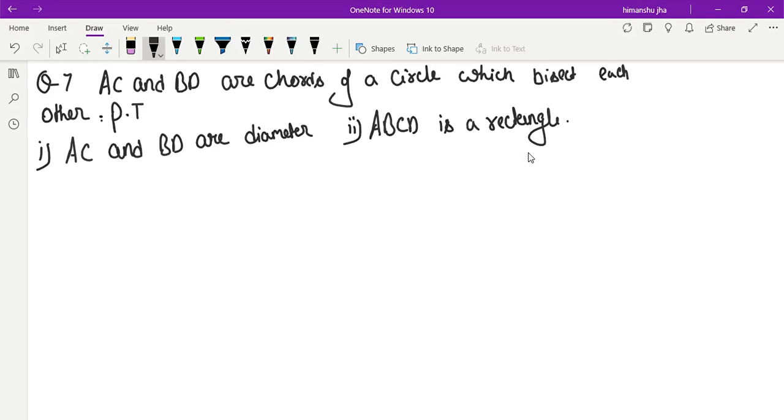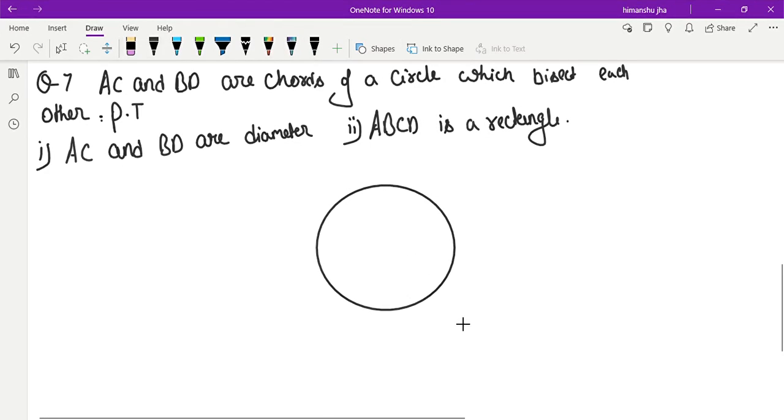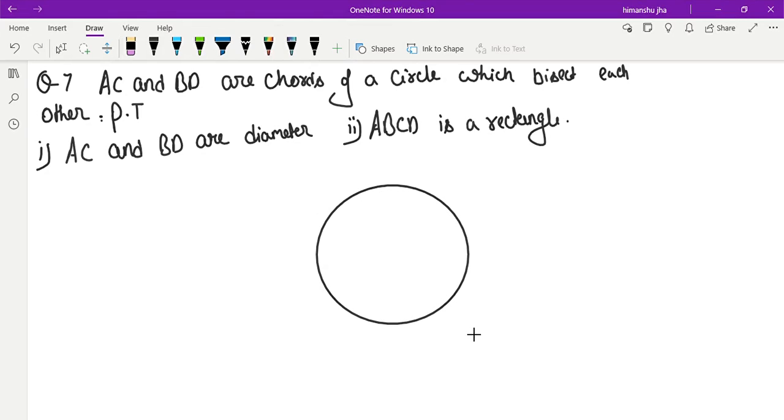Two chords which bisect each other. They are saying that. So let's say the point of intersection of the chords is O. Let's say this is a circle.